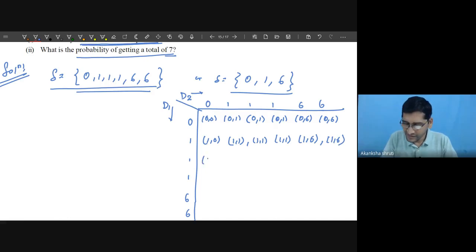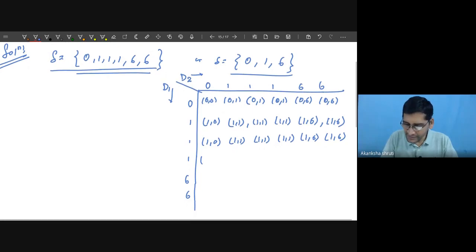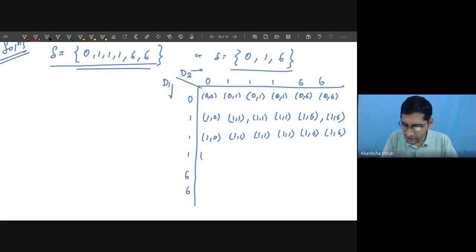Then 1 0, 1 1, 1 1, 1 1, 1 6, 1 6. Yes, student, tell me the answer. I am writing all these things. Whether I am writing this correctly or what I shall write.